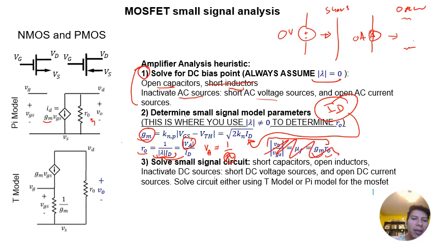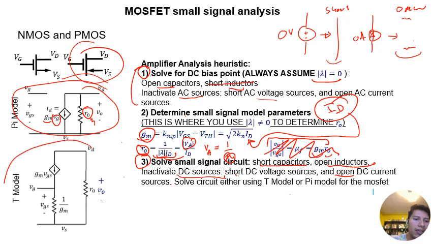So once you have gm and ro, what you will do is now write your small signal circuit, which involves shorting all capacitors, opening all inductors, and then you inactivate DC sources, which means you take a DC voltage source, you replace it with a short, AC current source, you replace it with an open, and then you connect your circuit and you replace your transistor model with either a pi model or a T model.